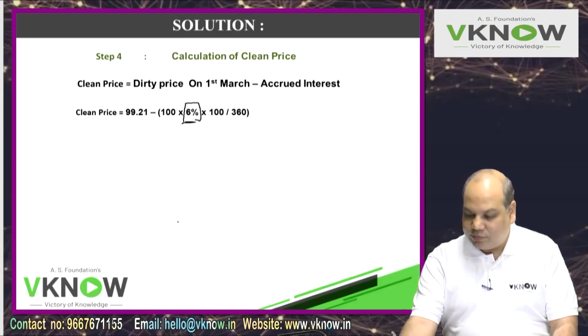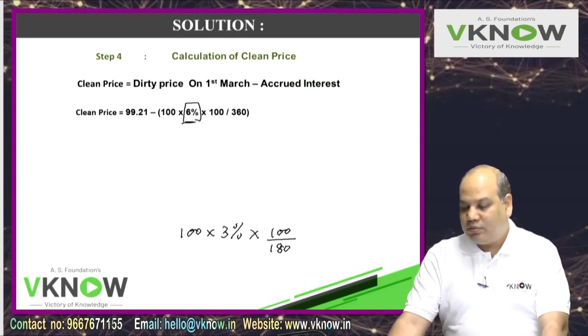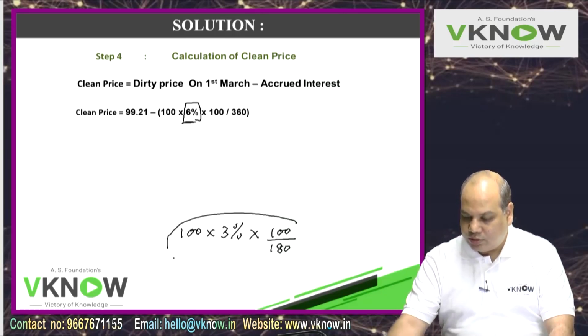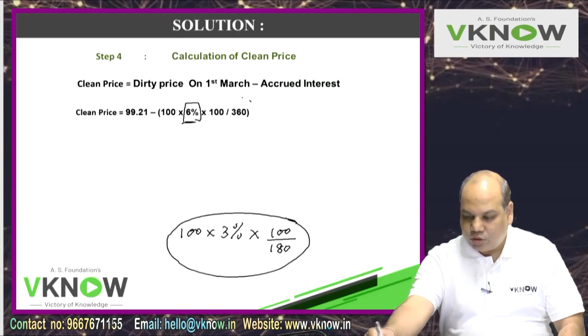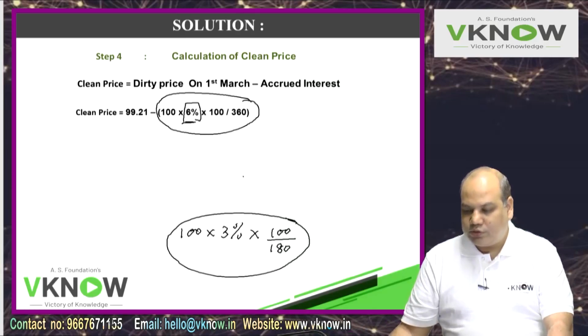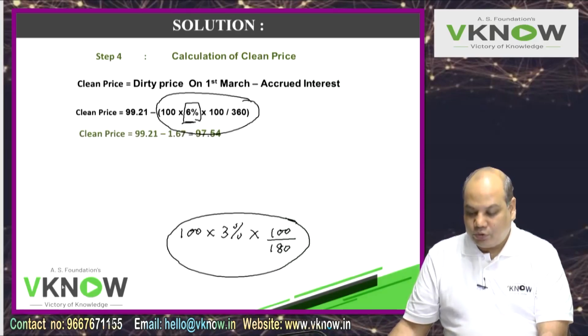So for the satisfaction of such students, I will write 3%. But then you have to also take 100 by 180. So effectively the answer will be the same. You can either write this or you can write this. Whatever helps you to understand better, write it.